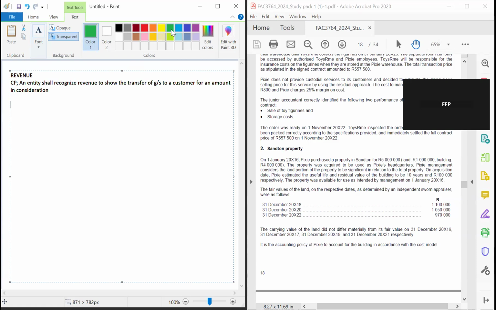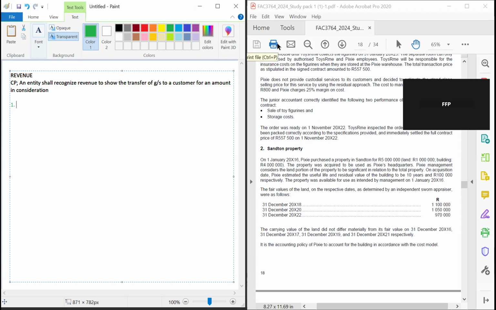So not all 5 steps are often applicable. Sometimes the required want you to answer based on the recognition criteria. Sometimes they want the measurement. So I'm going to show you guys which ones are the recognition criteria and which ones are the measurement criteria, right? But they are all within this 5-step model, right?